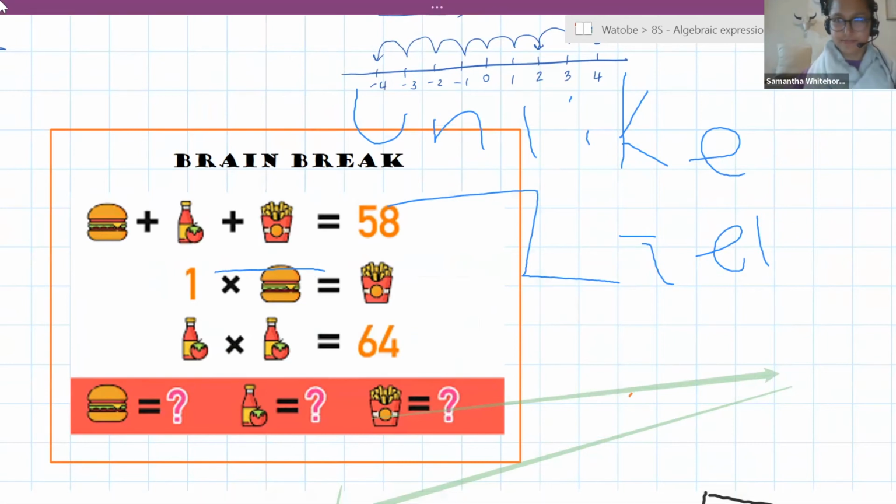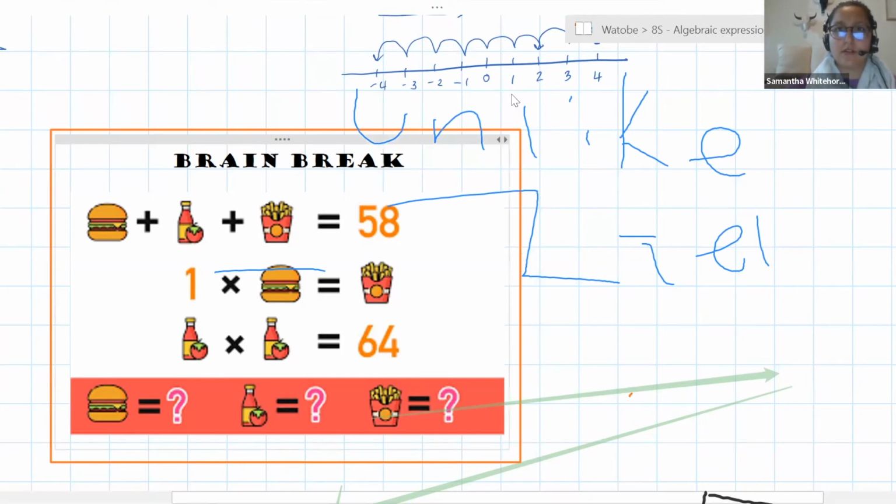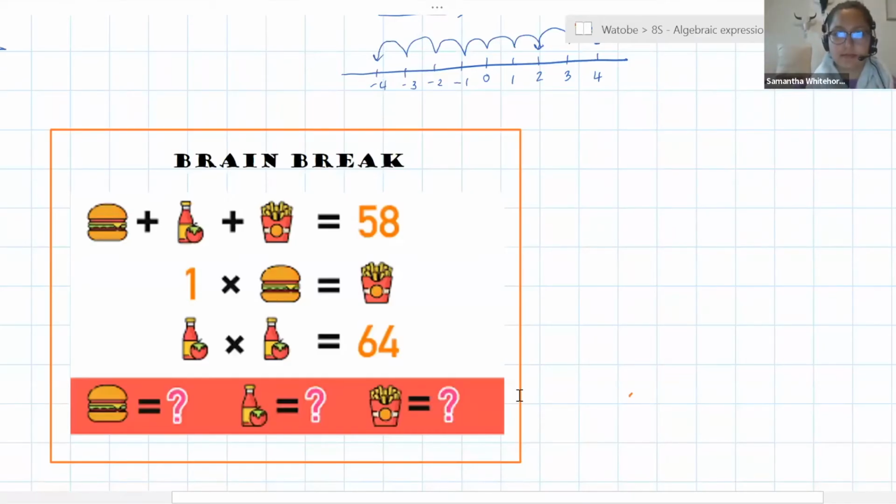Oh, Teacher Sam, you're making me hungry. Nearly dinner time. Making myself hungry. So Teacher Sam, while we're busy taking a break, is it okay for you to just stop sharing the screen and restart it so you can get rid of the annotations?